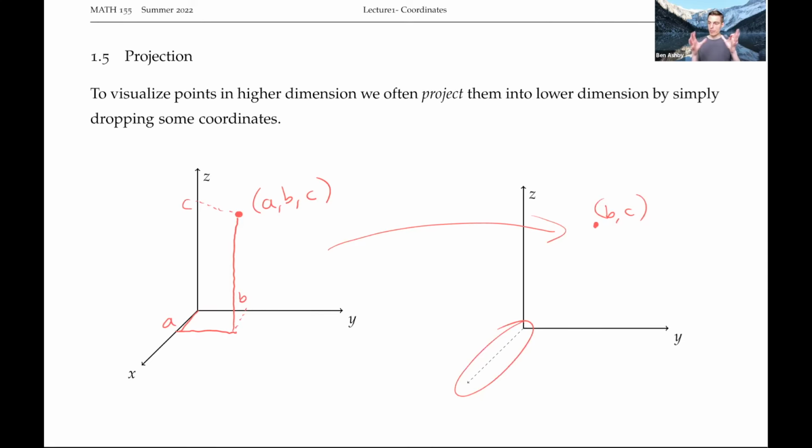So say you've got something like a ball or a pencil that exists in 3 dimensions. We could project what's going on in this 3-dimensional object down onto a surface by shining a light on it and looking at its shadow. So that shadow is a projection of what's going on in 3 dimensions. You could do a similar thing with coordinates.